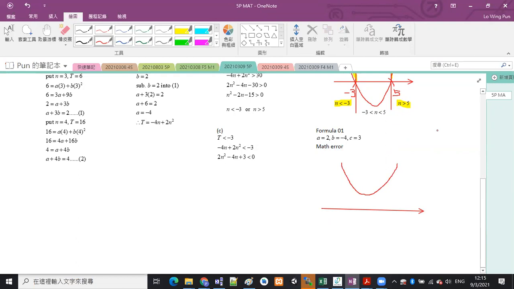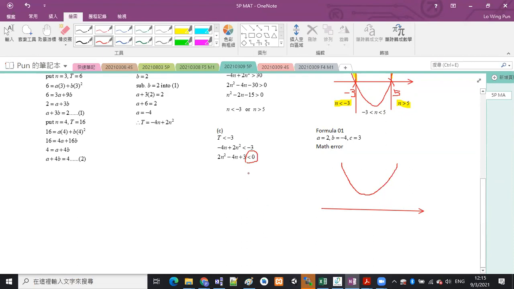But this time, going back to the inequality, what we are going to find is less than 0. That should be below the x-axis. Is there any part from the curve that is below the x-axis? No, we can't find any part which is below the x-axis.